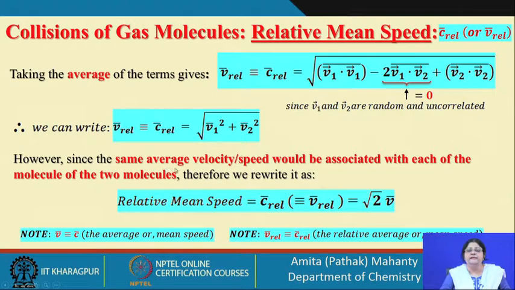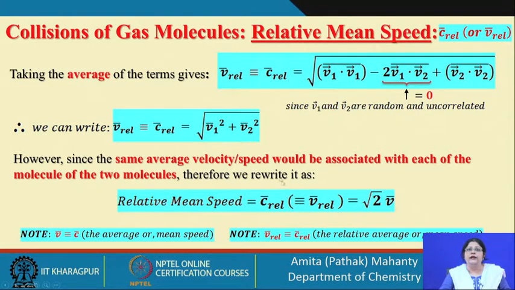However, the same velocity vectors would be associated with each of the molecules, because most of the time we will try to simplify and take the molecules to be similar. So, they will have the same average velocity associated with them, if they are of the same size or similar molecules, which we will always henceforth take to be the case.